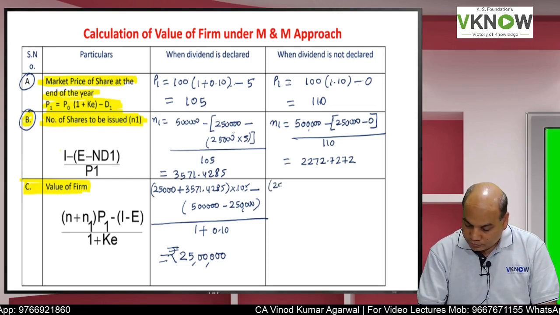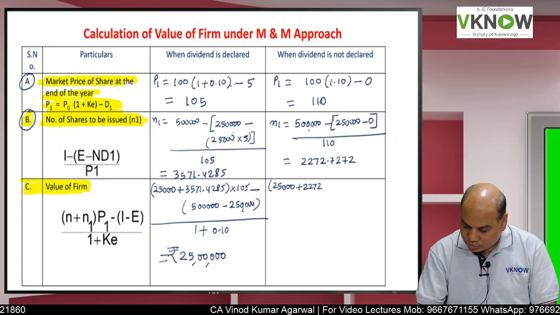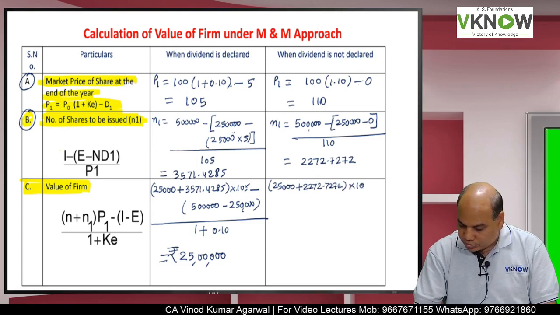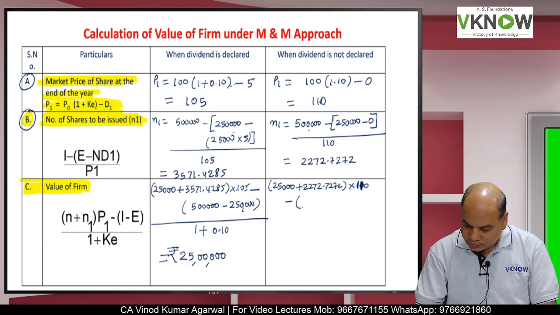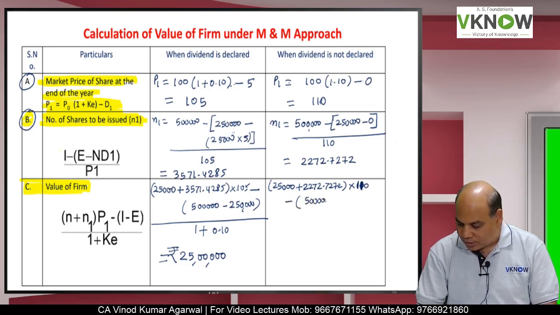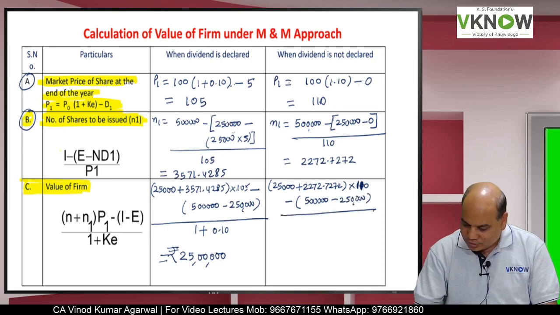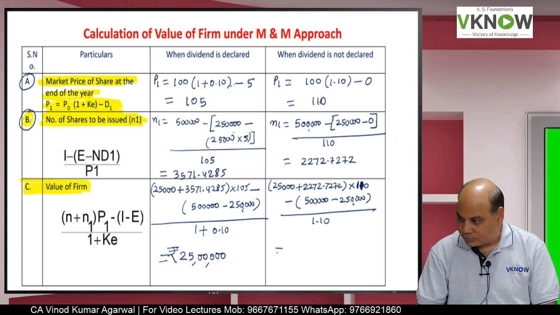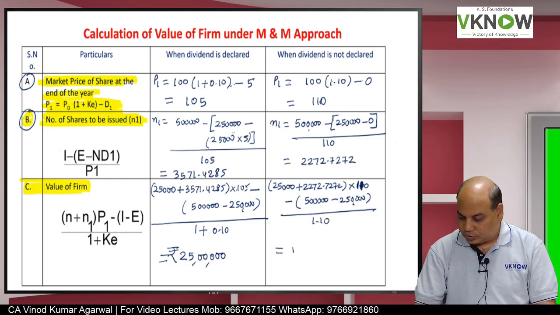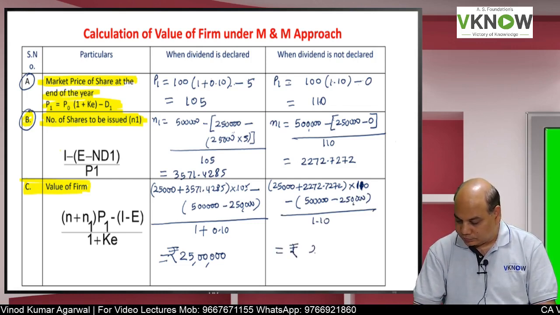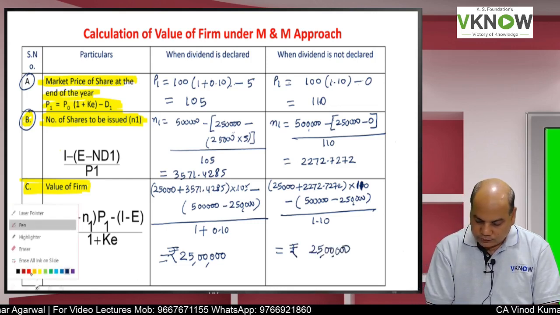So write down 25,000 plus 2272.7272 into 110 minus 5 lakh minus 2 lakh 50,000 divided by 1.10. So that is also rupees 25 lakh. That is also 25 lakh.